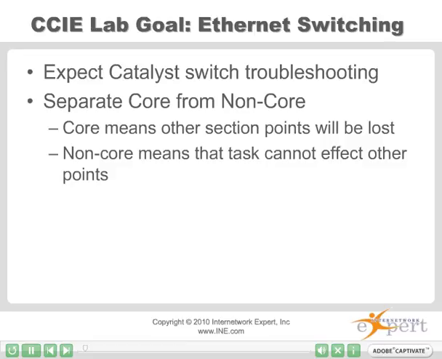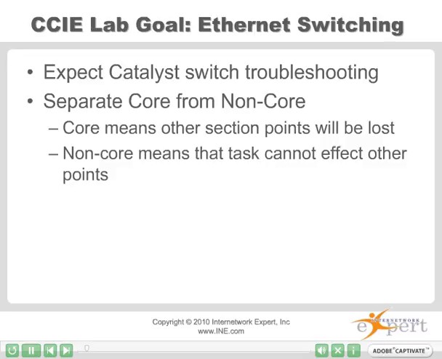So a core task would mean that if we don't get something working, it will make us lose other points. So there's a dependency. I consider a non-core task to be one that if we don't do it, no problem. It won't affect any other points in the CCIE lab exam.